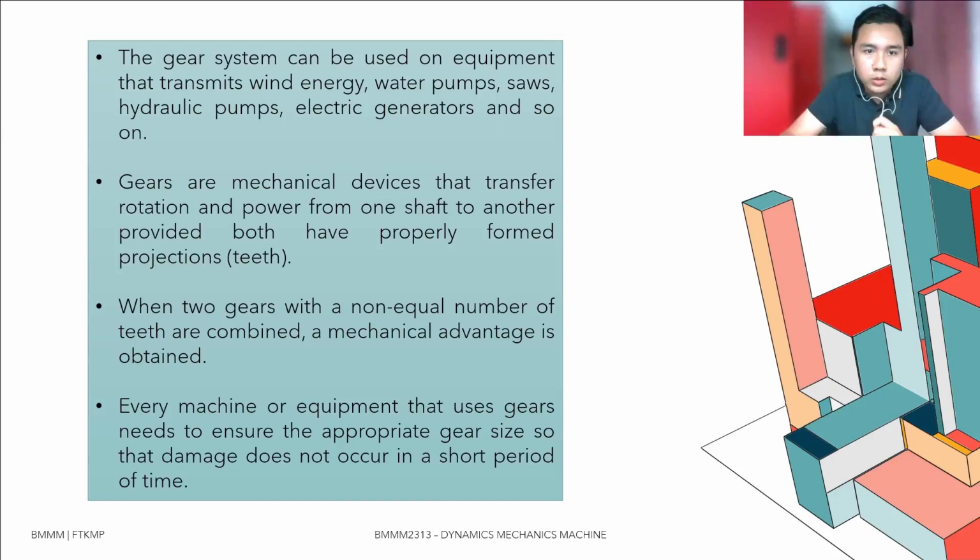Number three, when two gears with an unequal number of teeth are combined, a mechanical advantage is obtained. The last one is that every machine or equipment that uses gears needs to ensure an appropriate gear size so that damage does not occur in a short period of time.